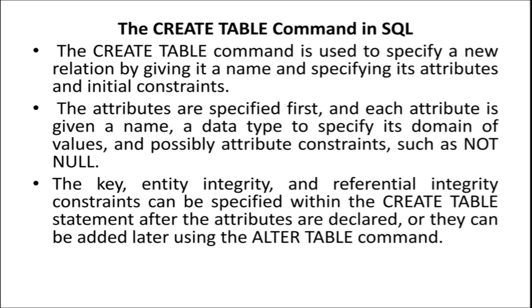And also key integrity constraints and referential integrity constraints can be specified within the create table statement. And if you want to alter the table, you can use the alter table command to change the table format. Now I will take the example, you will understand this in a better way.